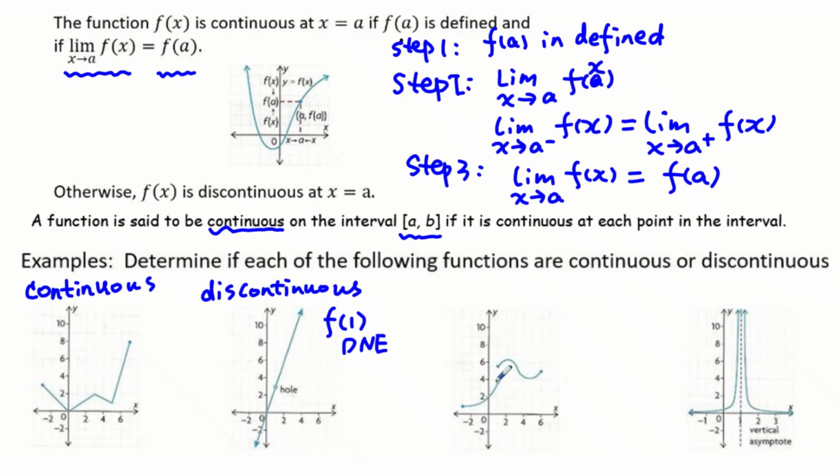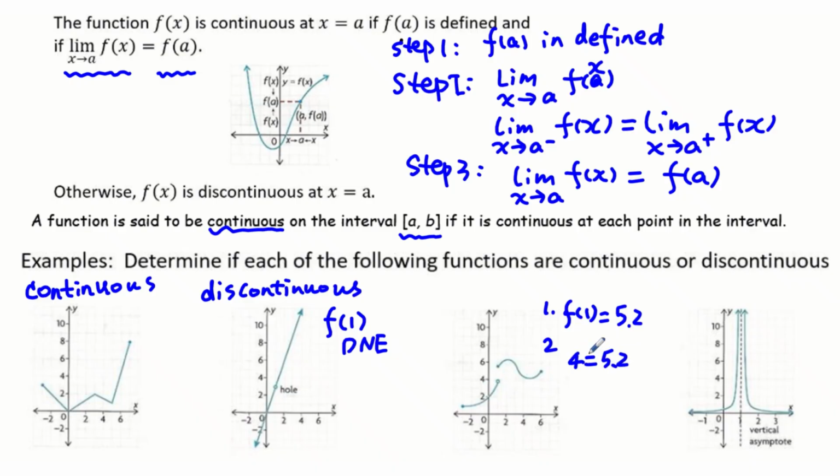And for this one, at this point, step 1: the function at 1 is defined, and equals a number, 5 point something. And step 2: the limits from each side approach different numbers. From the left it is 4, from the right it is 5.2.